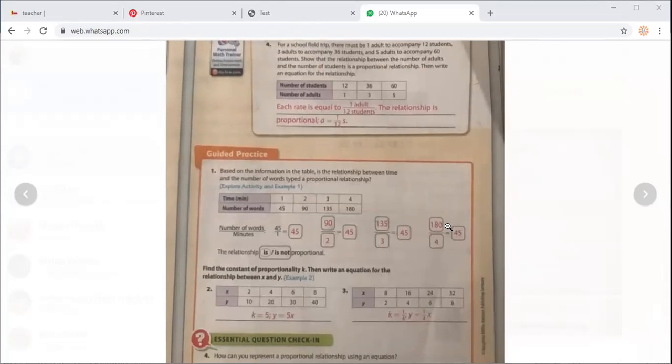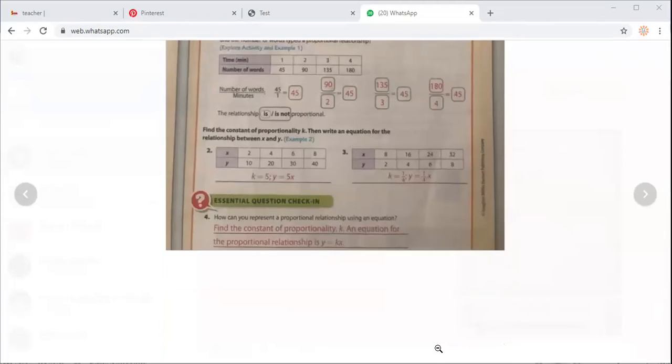In this question, he didn't say to say if they are proportional or not. They are already proportional, and we want to find the constant value of proportionality and form the equation.